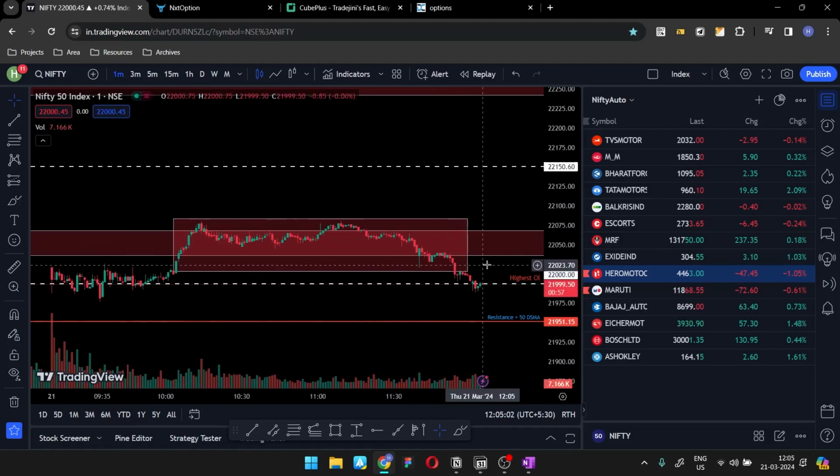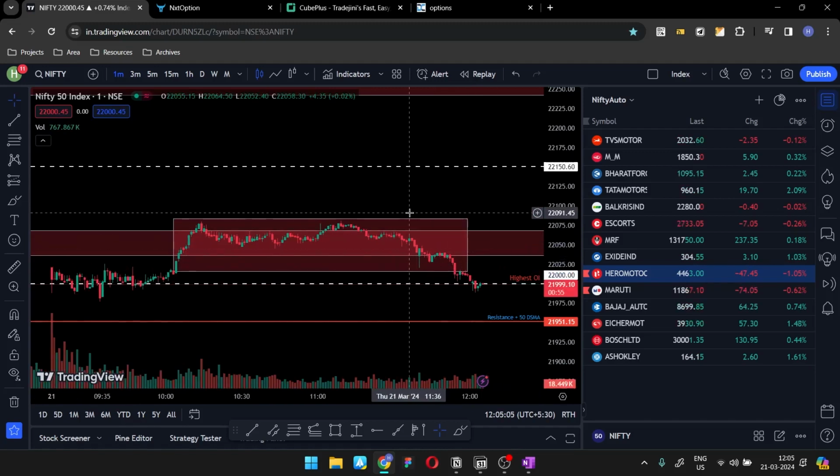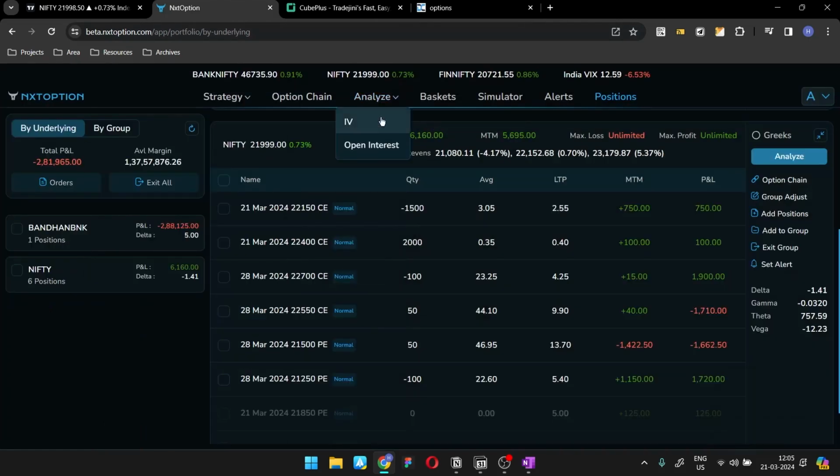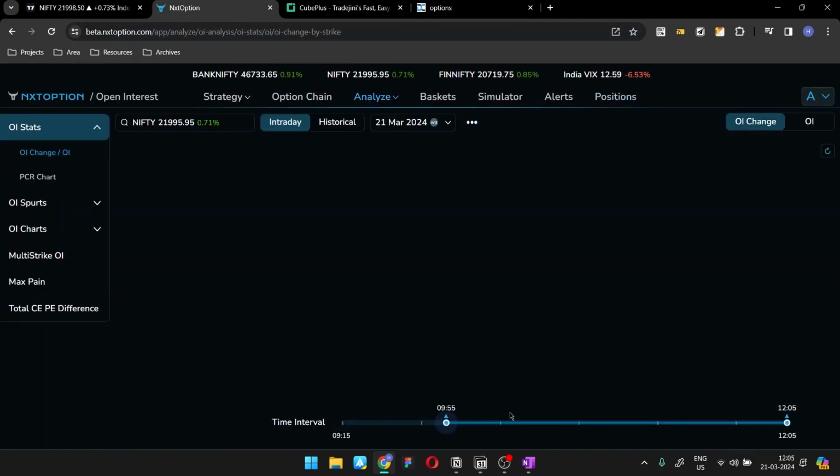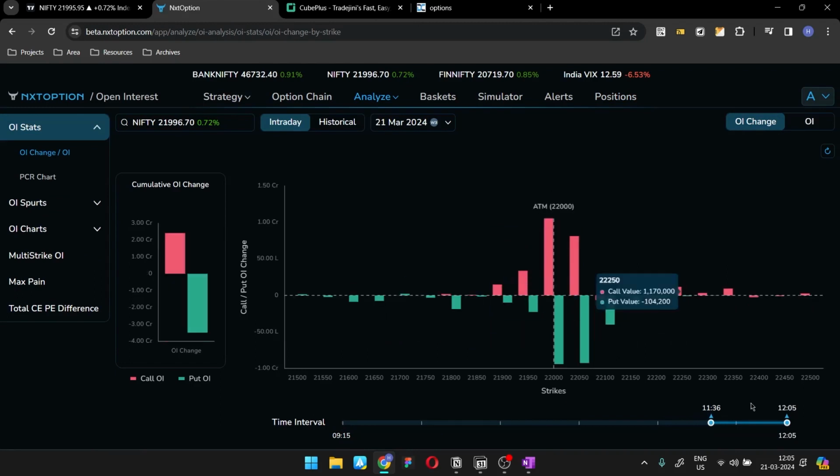That's the only issue. But as of now 22,000 has broken, and if you see the addition of what is happening here, the open interest, everything, there is huge unwinding of puts. So like me who unwound 850, a lot of people have also unwound the 22,000 put, and good writing is happening in the money also.